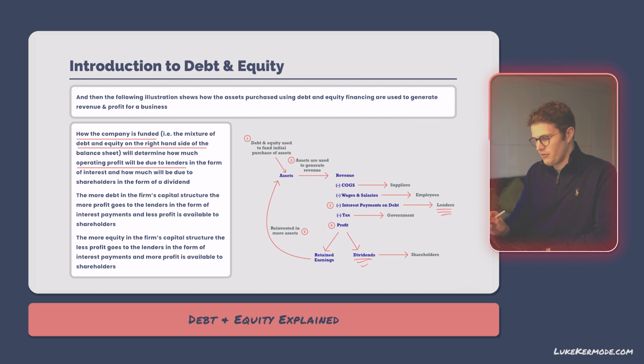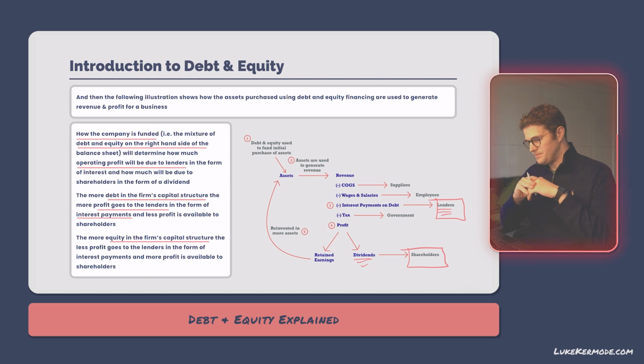So the more debt you've got in the firm's capital structure, the more profit will go to lenders in the form of interest payments, and therefore less profit will be available to shareholders in the form of dividends. However, if you have more equity in your capital structure, the less profit will go to lenders and the more will go to shareholders in the form of dividends.